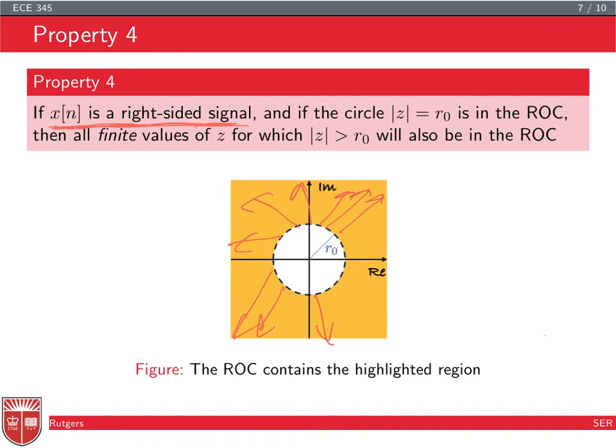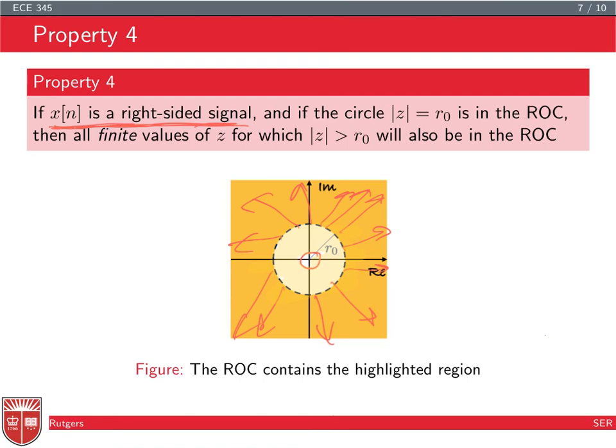This is under the condition that the signal is right-sided. So the ROC could be something like this, starting here. If the circle with radius r0 is in the ROC, then everything outside this circle must also be in the ROC.